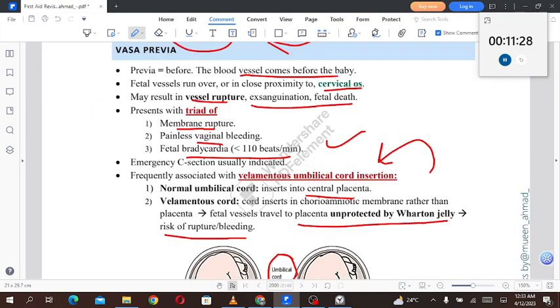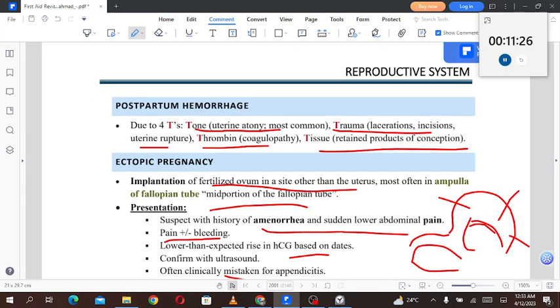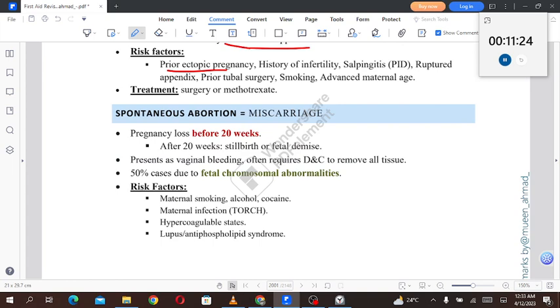Now we are talking about ectopic pregnancy. So what is the risk factor? Prior ectopic pregnancy. Then there may be a history of infertility, salpingitis, and pelvic inflammatory disease is a big one. If there is some infection with gonorrhea or chlamydia and there is a history of that, even if they don't tell you that there was pelvic inflammatory disease, you must suspect that there might be pelvic inflammatory disease, and you must make your diagnosis according to that.